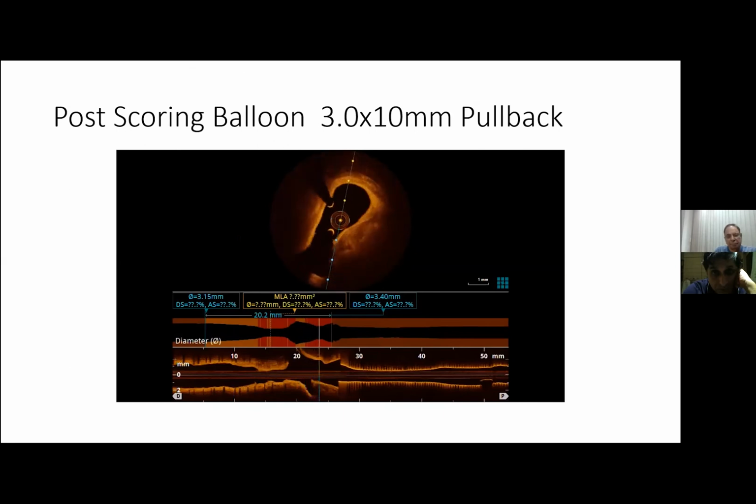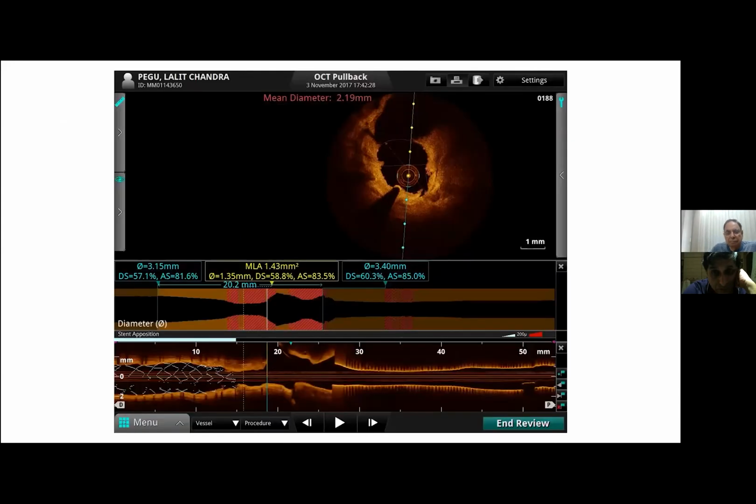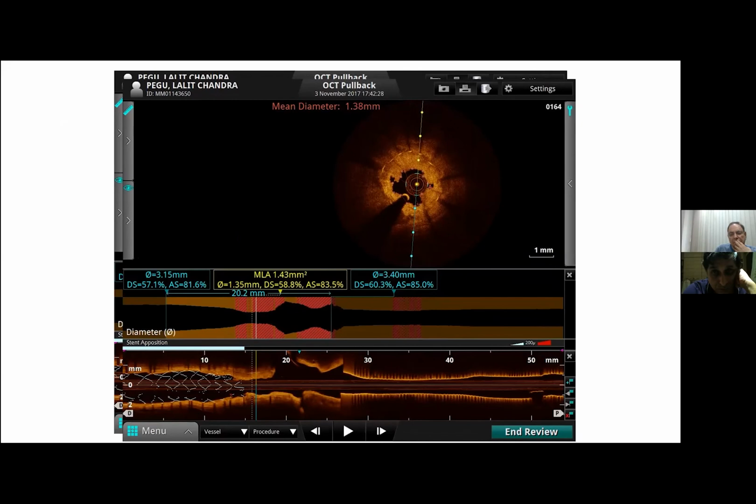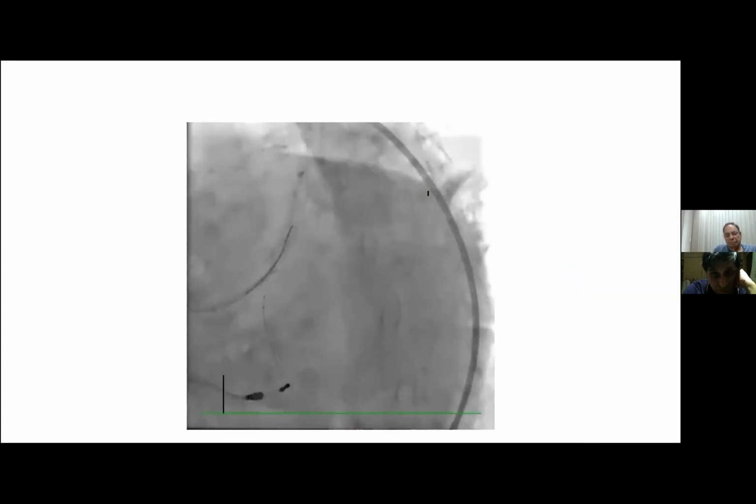There is a huge calcium nodule, which was not recognized at all on the angiography, and it was pushing the left main significantly. This is what we see from the LAD ostium. This is dense neoatherosclerosis with the stent also not well expanded. This portion of the stent was far more expanded than this portion, giving rise to neoatherosclerosis.